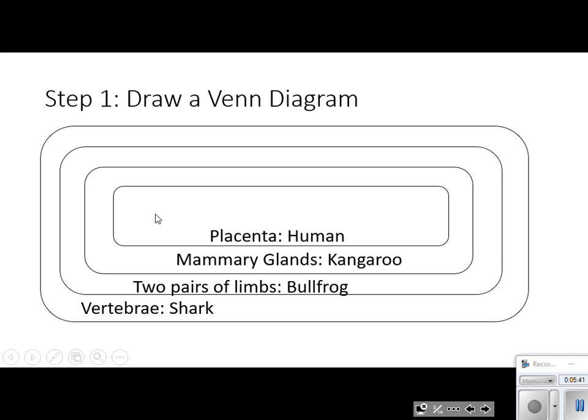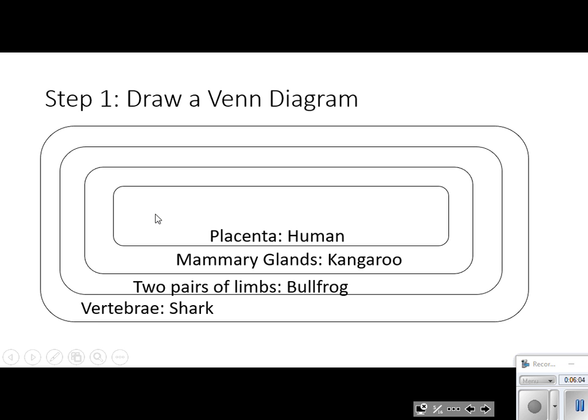Can we make our cladogram from our Venn diagram? What are we going to start with? How do we start this thing? Zoe, how do we start this cladogram? Okay, you have placenta.